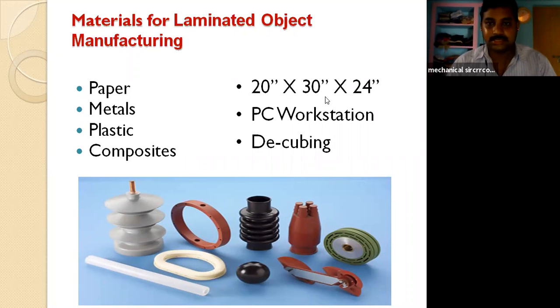And the size of the objects is limited to 20 inches by 30 inches by 24 inches, length, breadth, height, and decubing. Decubing is the other thing to remember. Decubing means assigning the shape of the waste material into generally small square shapes, easily removed in order to reduce the time and avoid prototype damage.